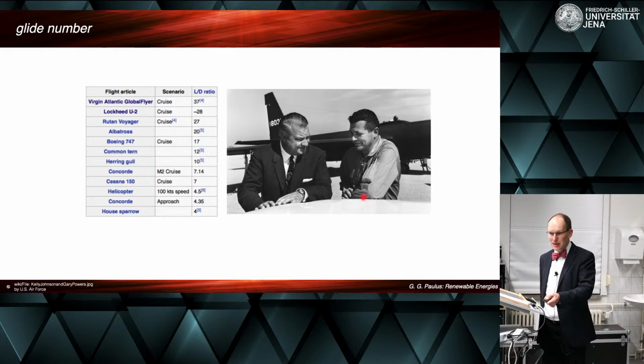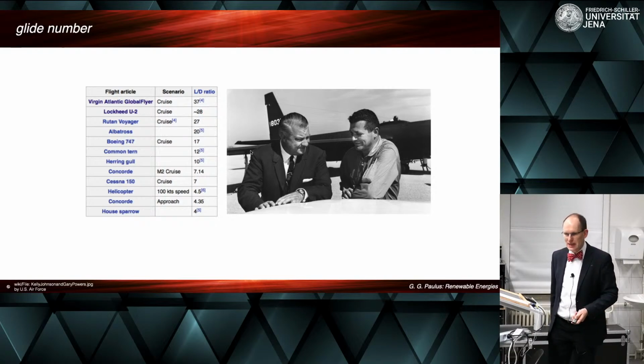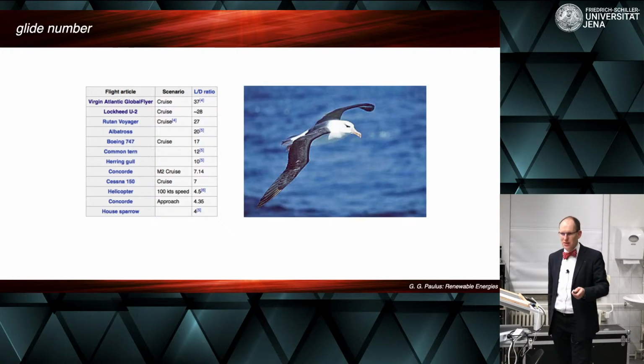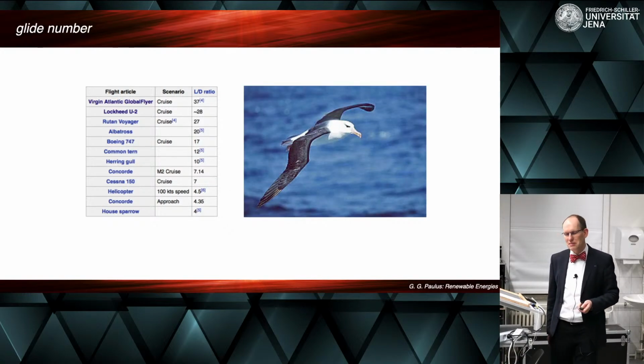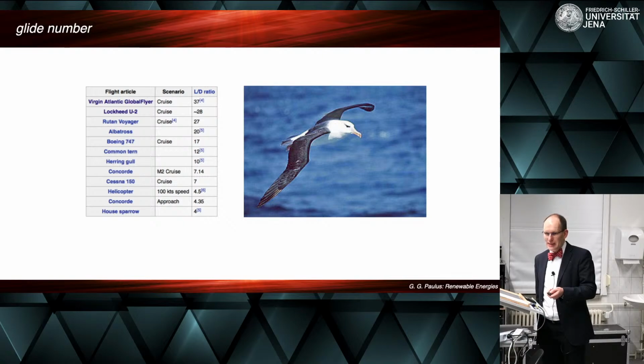So, glide number. Here you see the glide number, something like 30 or so. Then we go to the animal kingdom, and here you have a gull, I think a herring gull, albatross. It's an albatross.